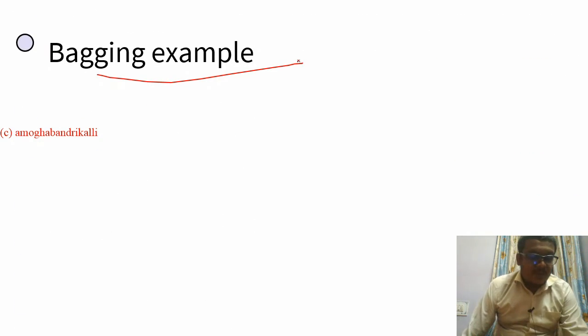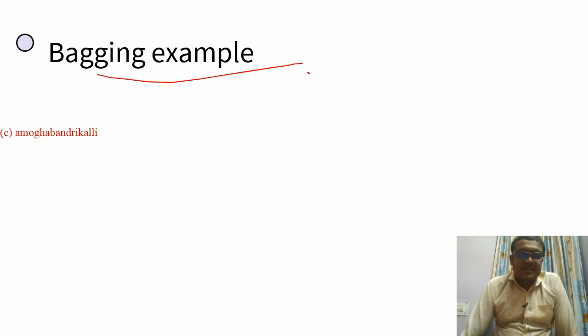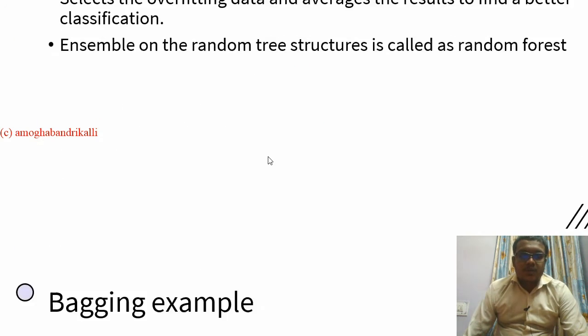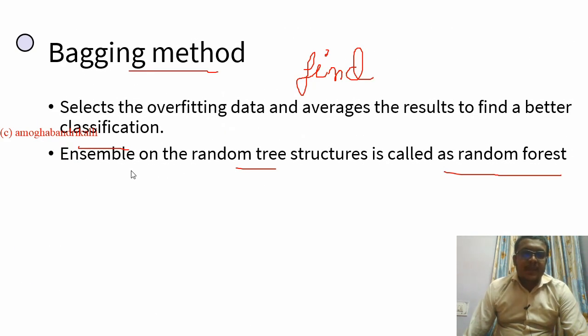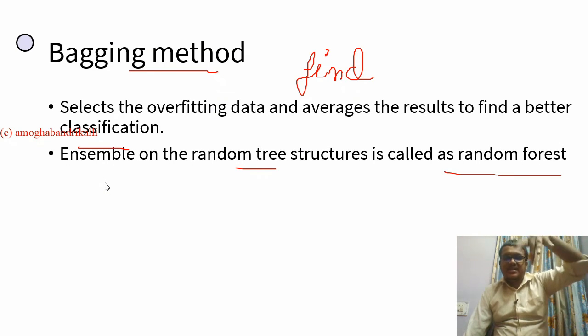First, we are going for a bagging example. It is available in scikit-learn, called the bagging classifier. Here we are going to see it with a random forest. As it has been told here, an ensemble of random tree structures is called a random forest. Ensemble learning you have already seen, asking yes or no questions on random tree structure.